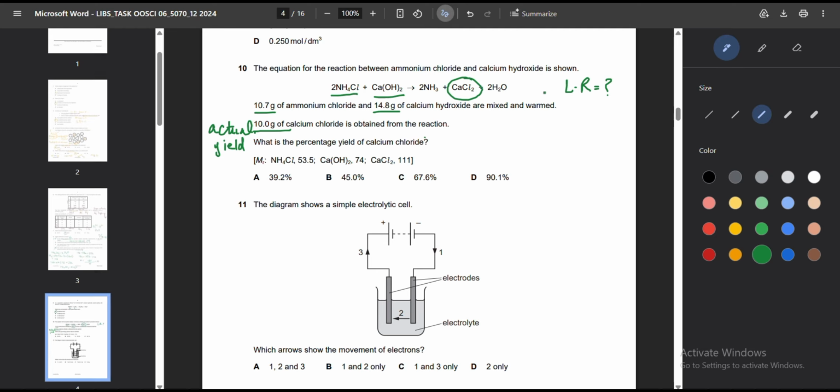So first of all we have to find out which reactant controls the production of calcium chloride. The mass of ammonium chloride given is 10.7 gram, and this is the mass of calcium hydroxide. Their MRs are also given over here.